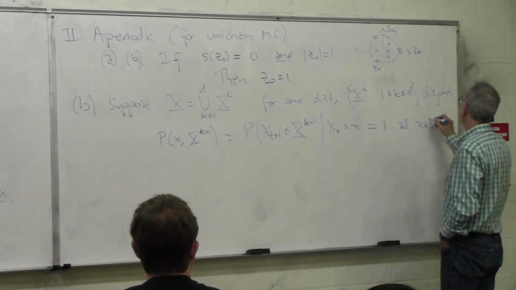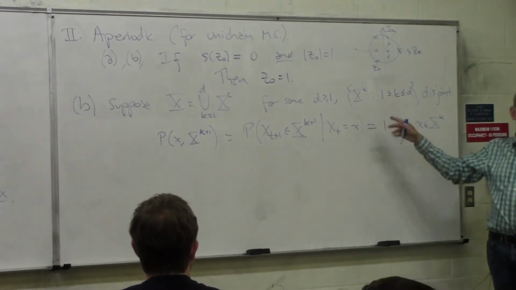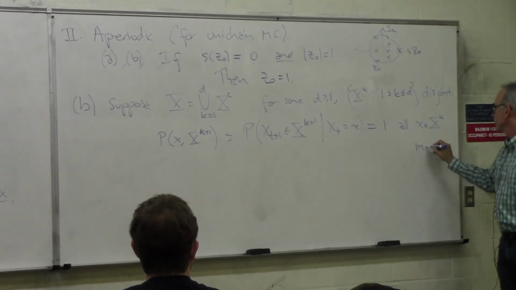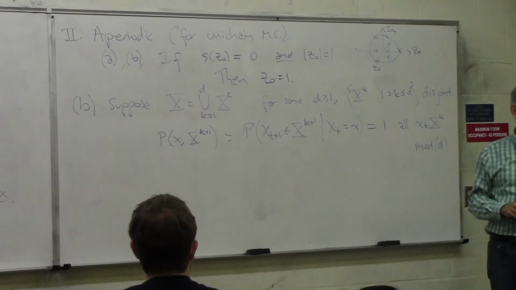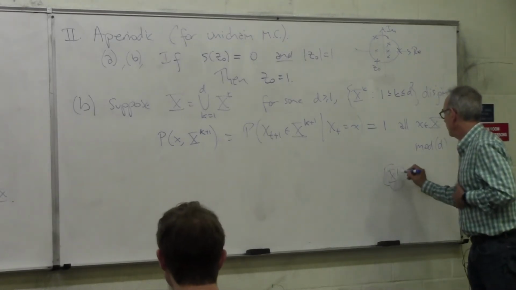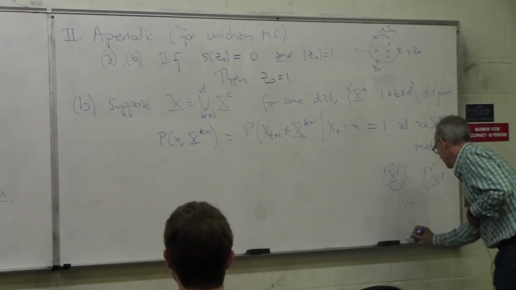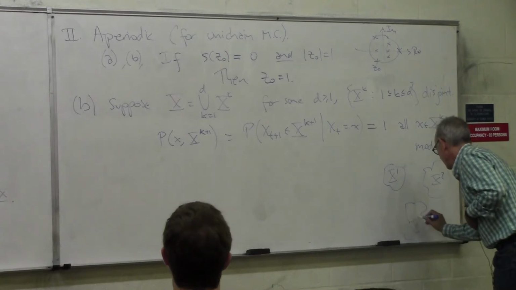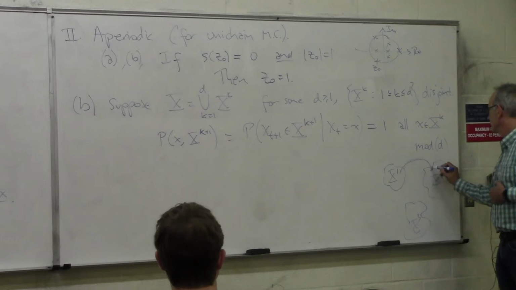For all x in the previous set. And you do this for every k, but k only goes from 1 to d, so you do this modulo d. So you've basically got this partition into X1, X2, X3, and you can just draw a gigantic arrow here.